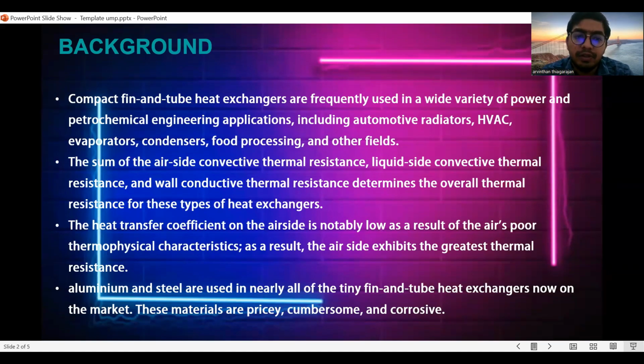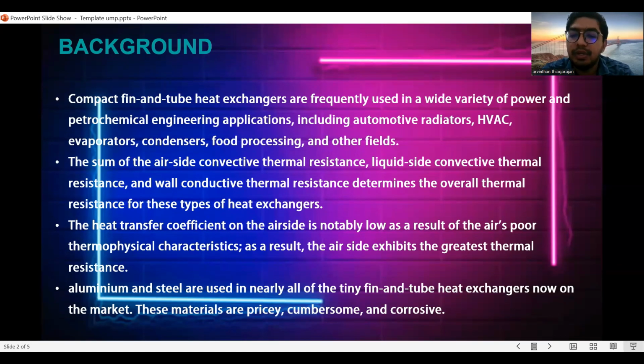The sum of the air side convection thermal resistance, liquid side convection thermal resistance, and wall thermal resistance determines the overall thermal resistance for these types of heat exchangers. The heat transfer coefficient on the air side is notably low as a result of air's poor thermophysical characteristics. As a result, the air side exhibits the greater thermal resistance.